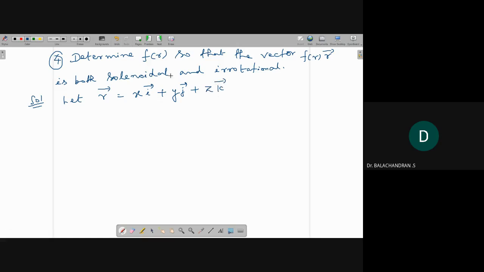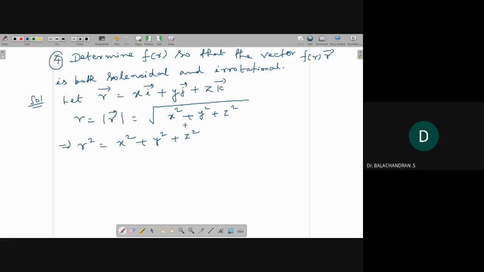So this is the position vector, and r equal to modulus of r vector equal to root of x square plus y square plus z square. And this implies r square equal to x square plus y square plus z square.